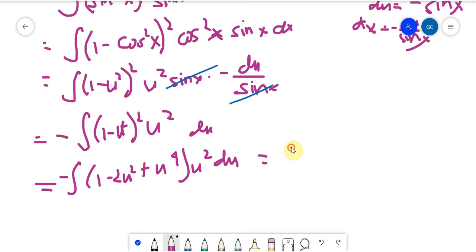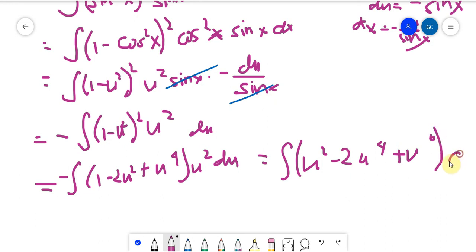And that is equal to, we will distribute u squared: u squared minus 2u to the fourth plus u to the sixth du.